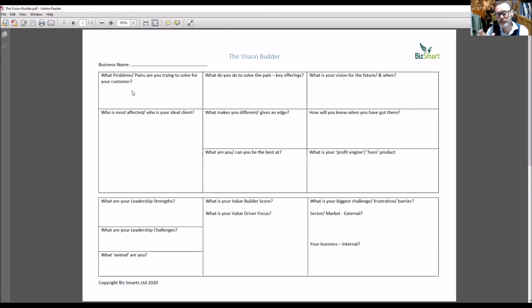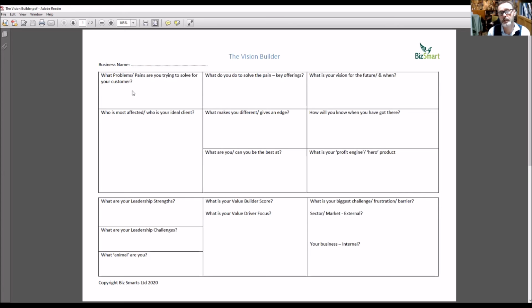And then the final part across the right there is identifying what are your biggest challenges or frustrations, both externally and internally. So you've talked above about where we're trying to get to, what success looks like maybe in 5 years' time, but what do we see as being the biggest things that get in the way there? And there'll be some sector things, some market things, and it might be lack of talent. Maybe it's finding the right people that is the biggest barrier for you, perceived externally, but also internally.